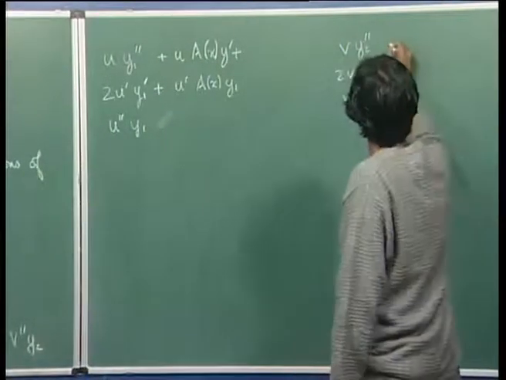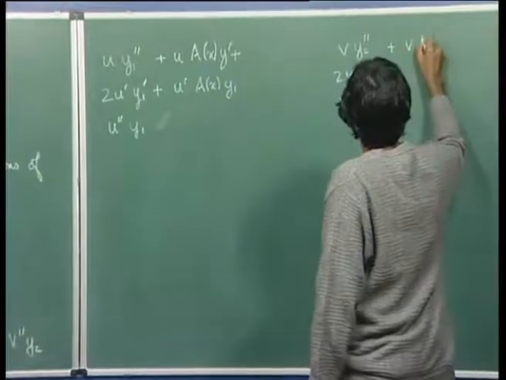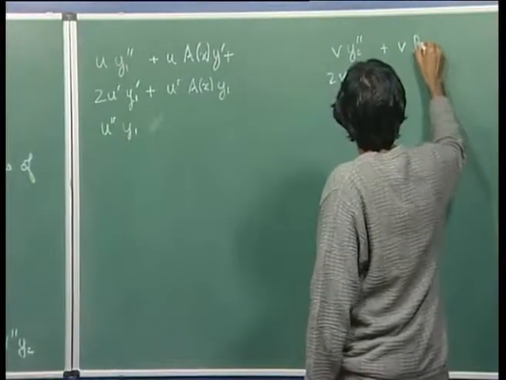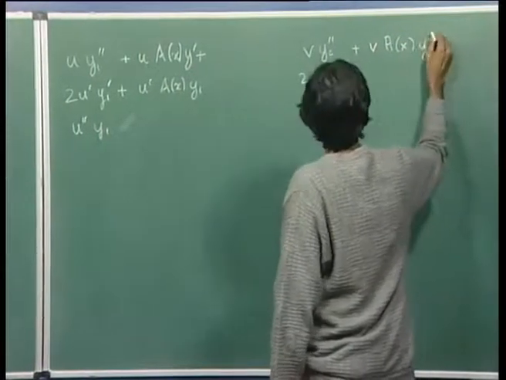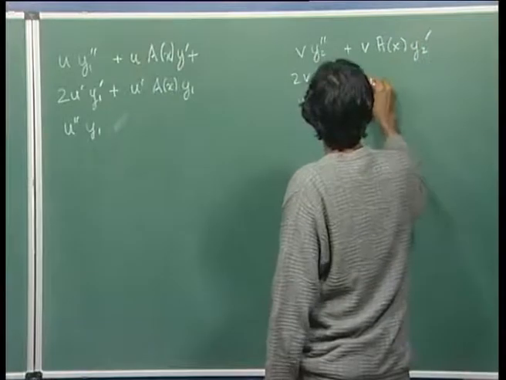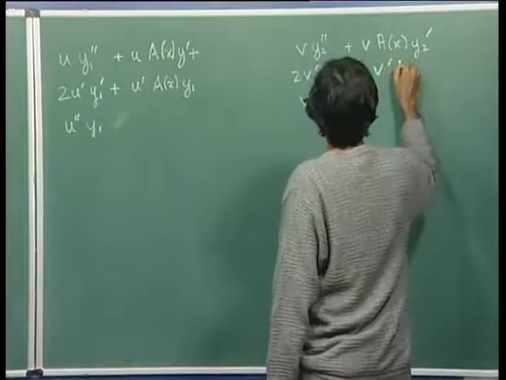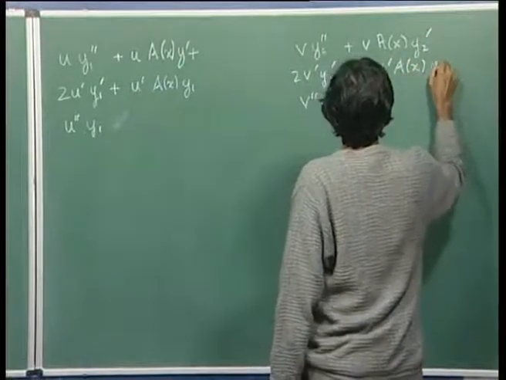Here I will have v a of x y 2 prime plus v prime a of x y 2.